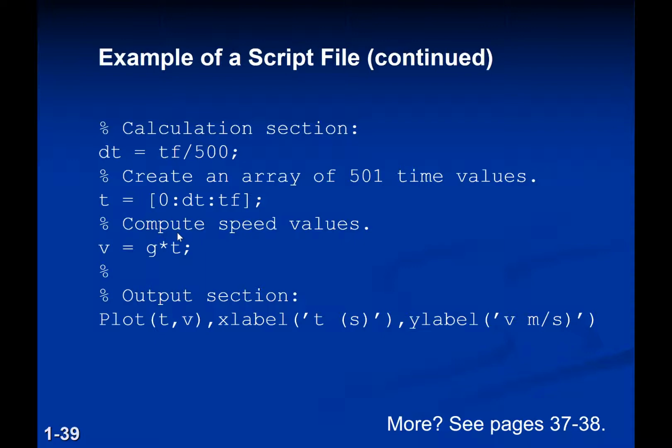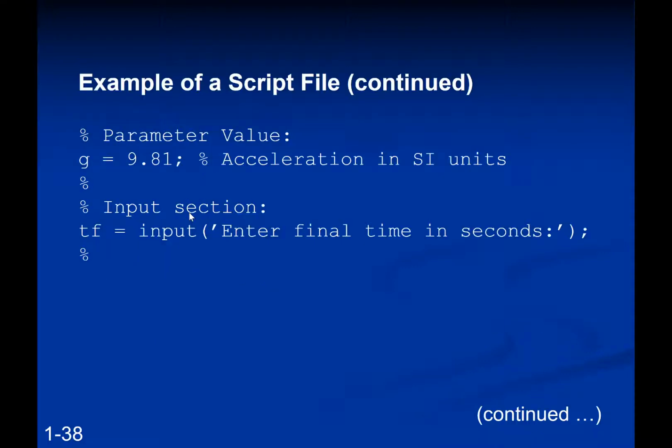For the calculation, DT is the final time divided by 500, to get 500 points. We start at 0 and say we want to go for 3 seconds or 5 seconds, and our final time is whatever we inputted.